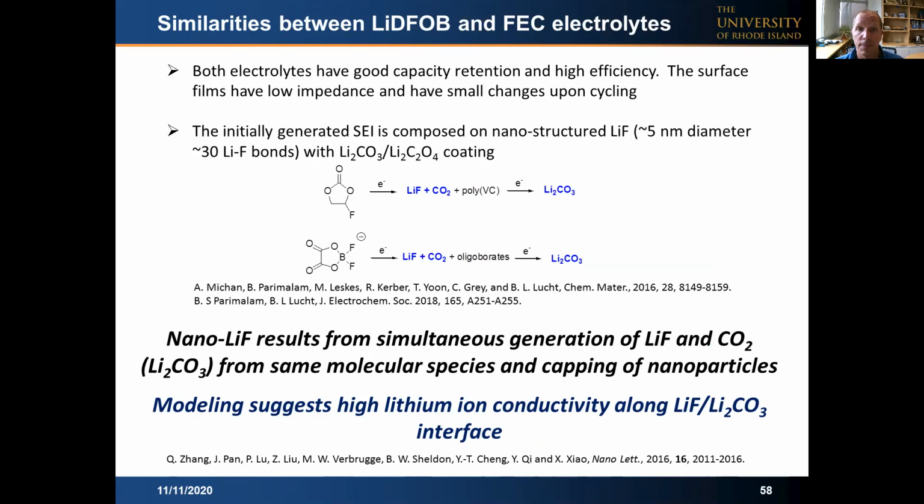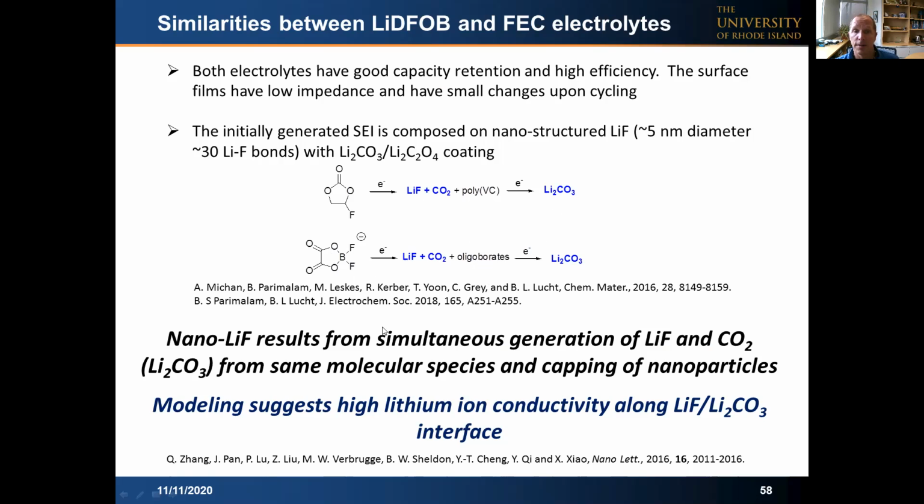And what we see is that both species generate high concentrations of lithium fluoride along with CO2, and that the CO2 is further reduced to generate lithium carbonate. In the case of FEC, they also generate poly-VC, and in the case of lithium difluoroxalato borate, they generate oligoborates.